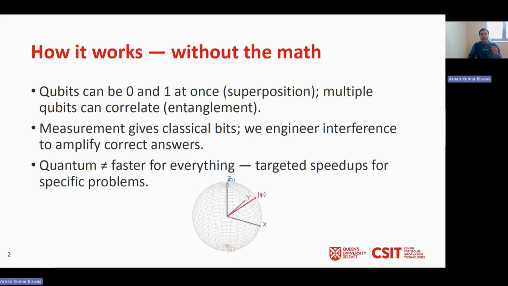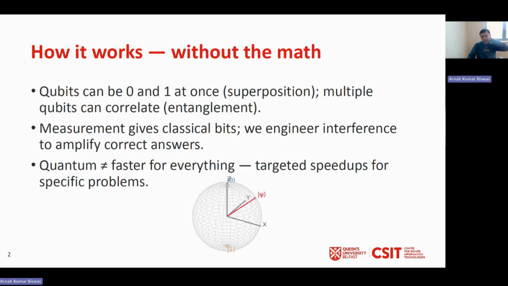We need to interfere constructively for the correct answers, so that their amplitudes get higher and higher, and for the wrong answers we need destructive interference, so that their amplitudes go lower towards zero. So we need to engineer interference in such a way that we amplify the correct answer. Why do that?